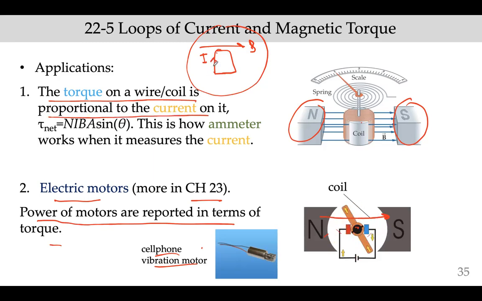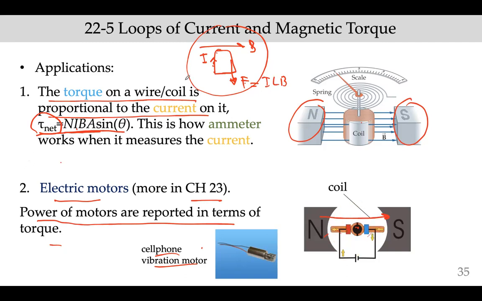The force F on this wire depends on the current, ILB. Multiply this by R and you get the torque, so the torque also depends on I. If you run more current, you get more torque.